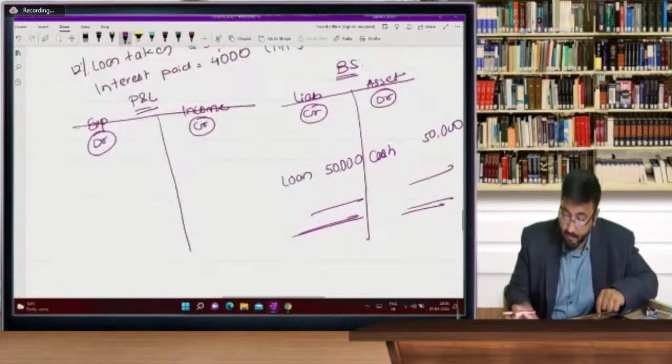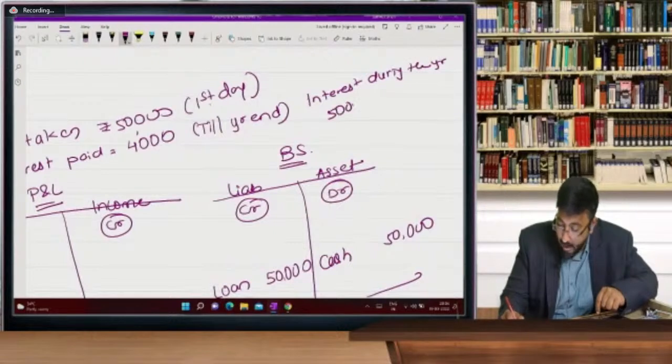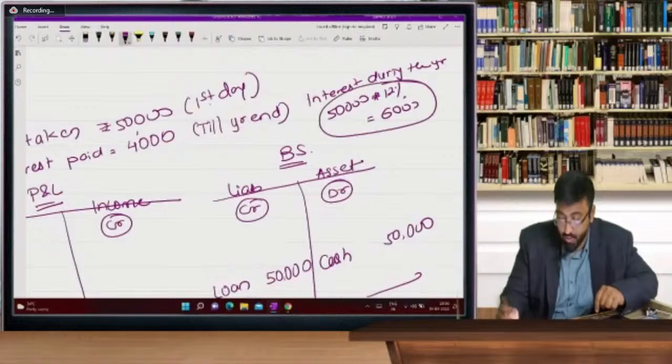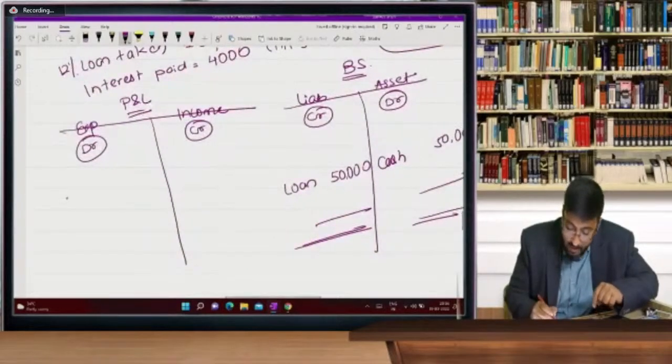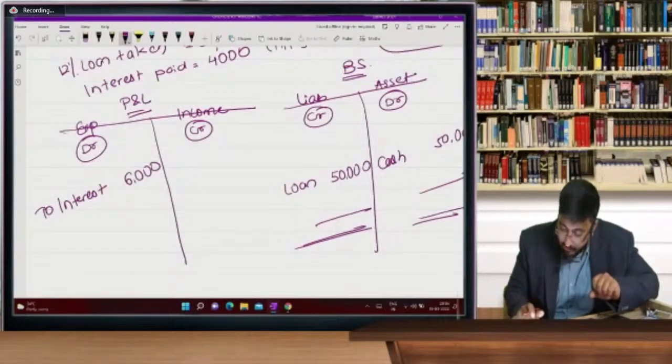See, interest during the year: 50,000 into 12%, 6,000. So my expenditure on interest is 6,000.